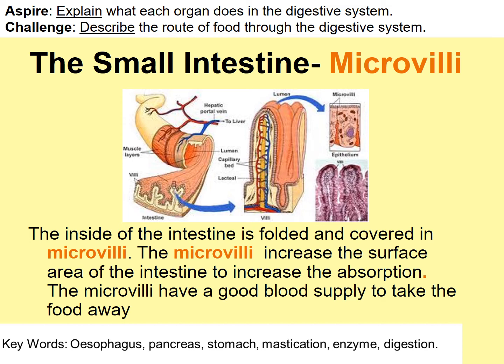And even on top of that villi are little smaller little lumps called microvilli, and they really increase the surface area of the small intestine, so you absorb as much nutrients as possible and get it into your bloodstream. Okay, so villi and microvilli are both just there to increase the surface area, so you absorb as much nutrients as possible.